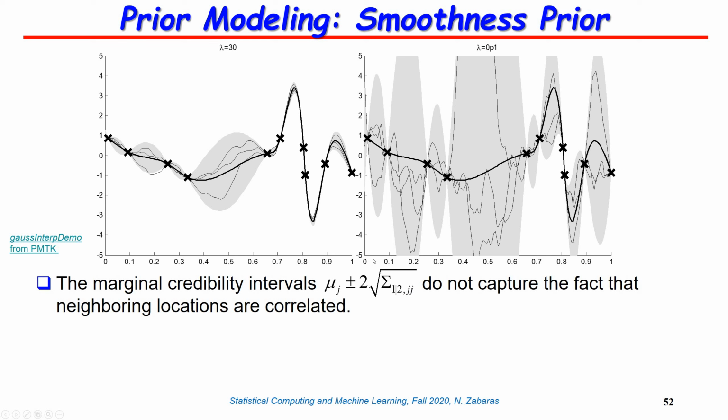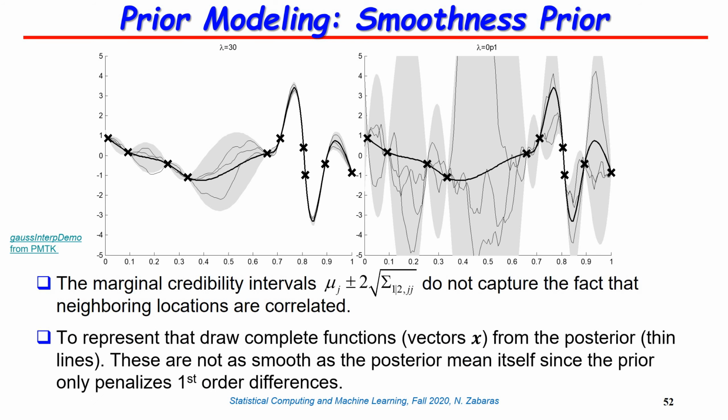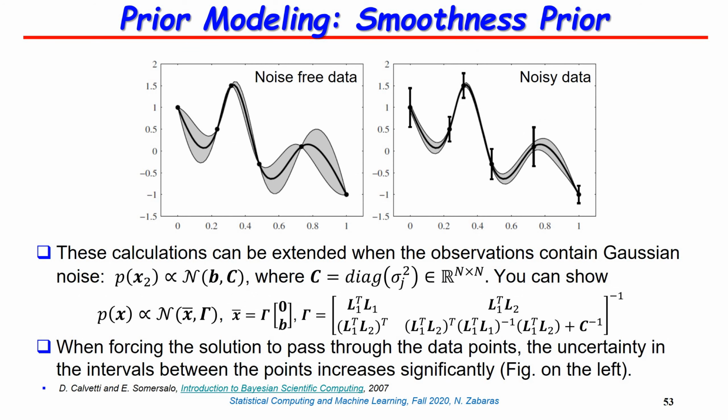So this is the plus minus one standard deviation that I mentioned before for these posterior credibility intervals, if you like. This will give you the error bars in your predictions. That's a wonderful thing. Let me mention only one thing, and the derivation, which I am not providing here, comes from the textbook of Calvetti and Somersalo.